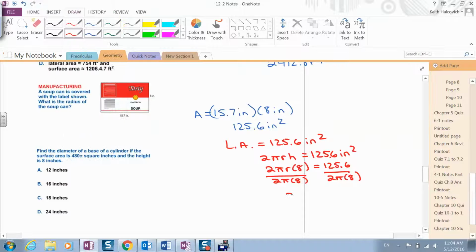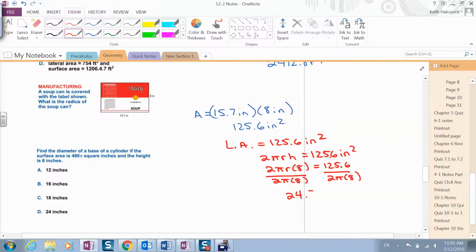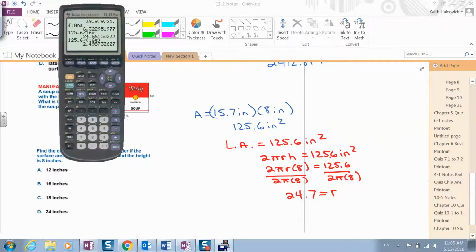And we get 24.7 equals r. So that is our radius. Actually, I typed that in wrong. See how I didn't have the parentheses there?